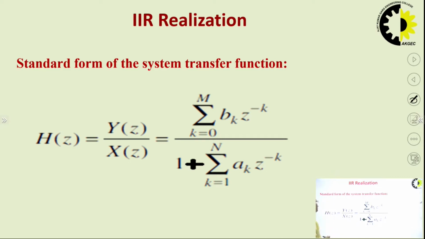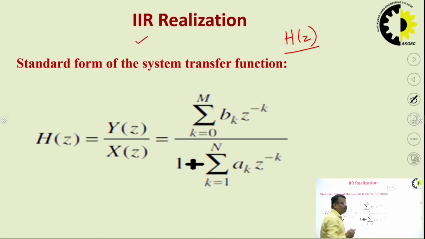And now we come to IIR realization. So, this is the standard form of IIR filter realization. Whenever any filter is given to you, then its transfer function or system function is always defined, H of z. In discrete time systems, everything you can simplify and solve by using only and only the z transform.